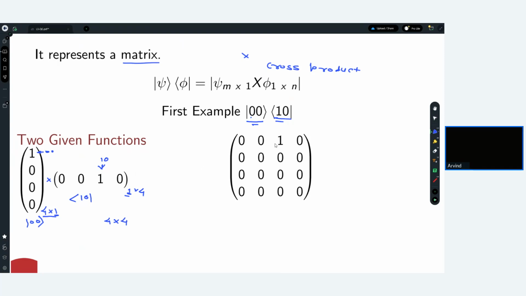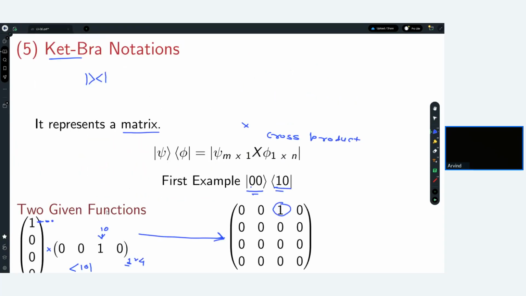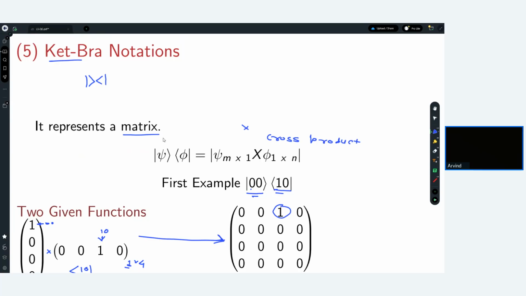So this is the resultant matrix of multiplying these two, one column vector and one row vector, in which the 1 is present at the first row and third column. So in this way, the Ket-bra notation is used to represent a matrix, or take the cross product of two notations.